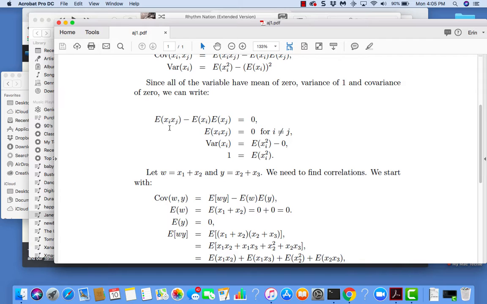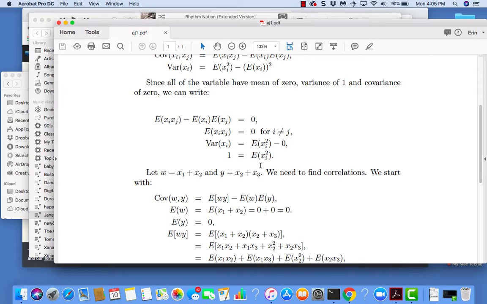So just looking at this term, expected value of xi xj, that's going to be 0 when i is not equal to j. When i is equal to j, you're in the variance state, and you're going to have expected value of xi squared minus 0, or 1, is equal to the expected value of xi squared.